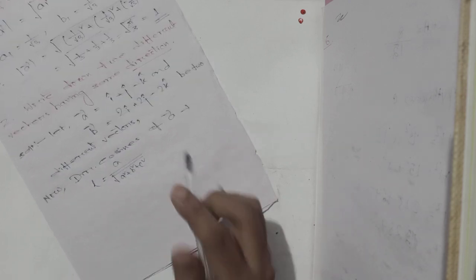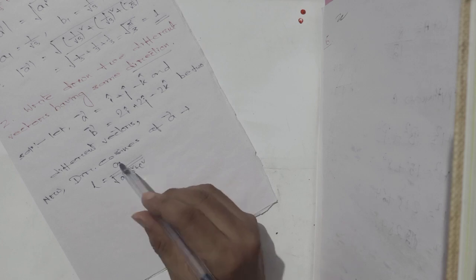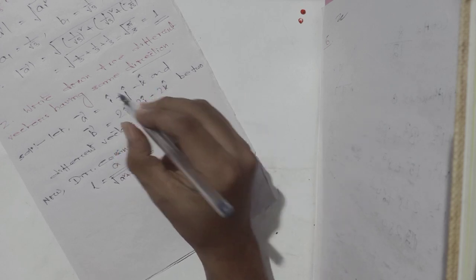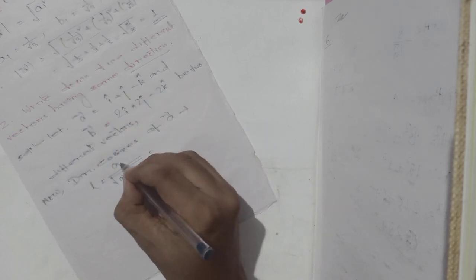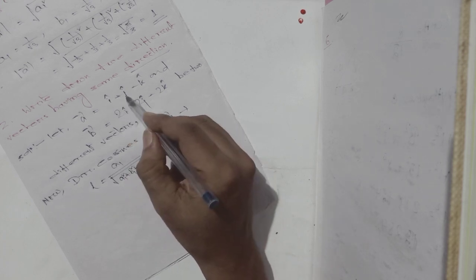This is one rule of finding direction cosines, as I have discussed. Here A1 is 1, B1 is 1, and C1 is minus 1.